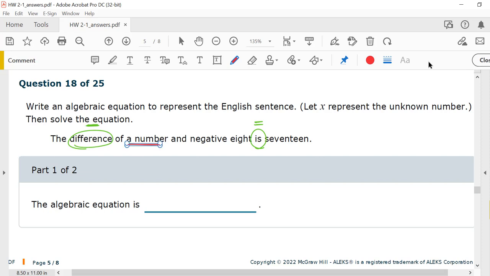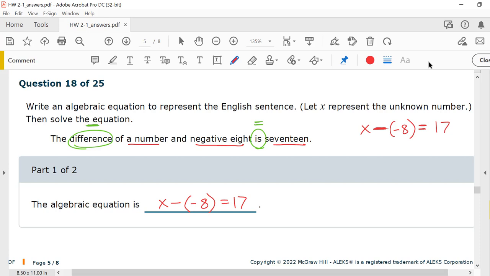A number and -8, and it's going to equal 17. So we're subtracting a number, which is x, and -8. And it is 17. So that's the equation. X minus -8 equals 17.